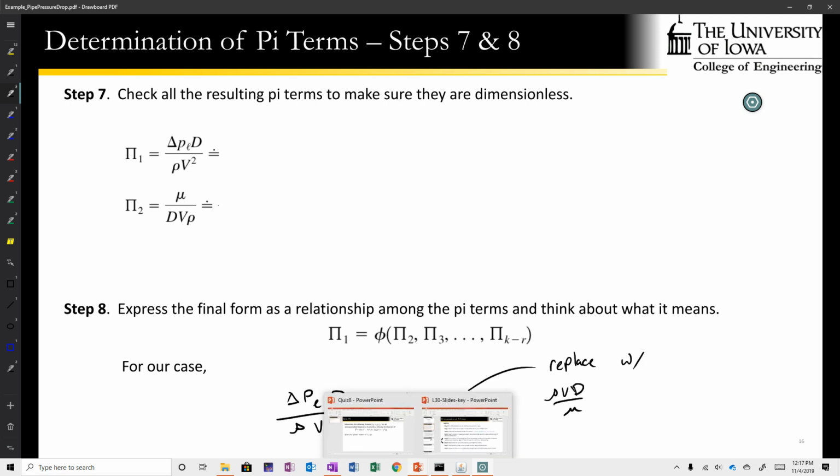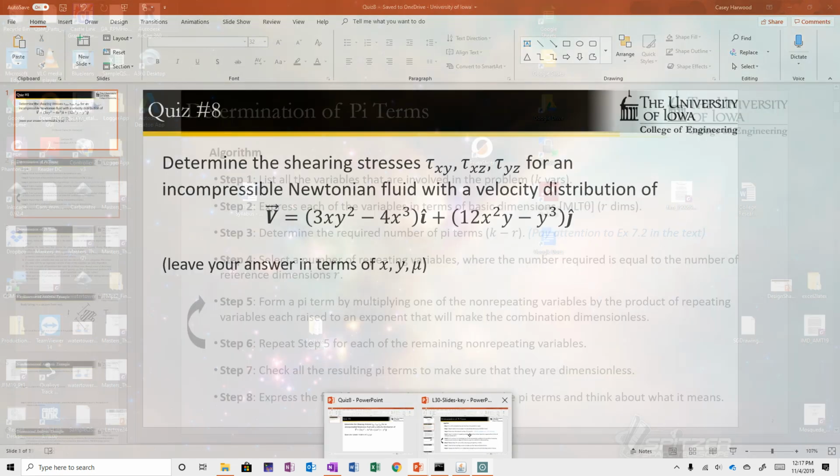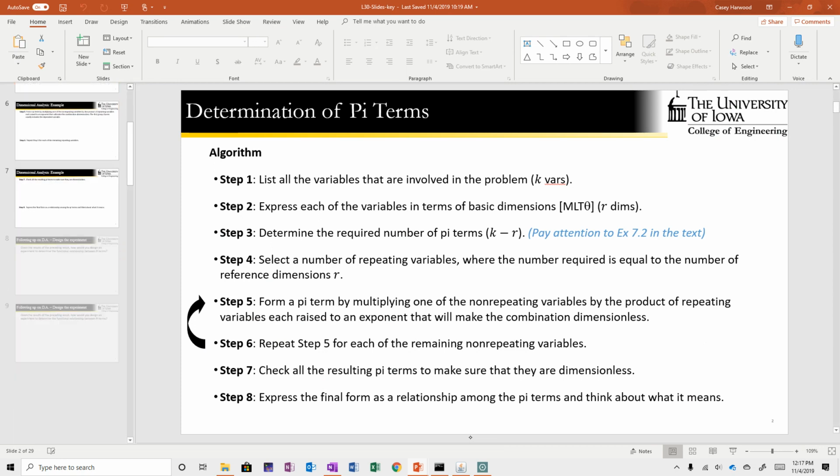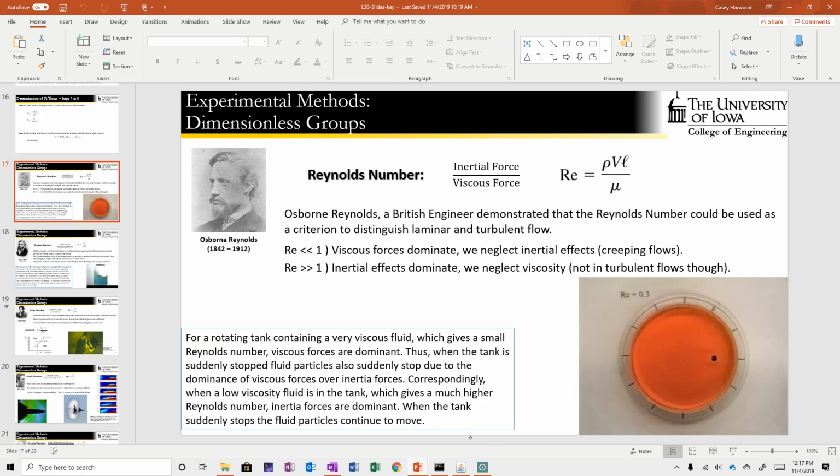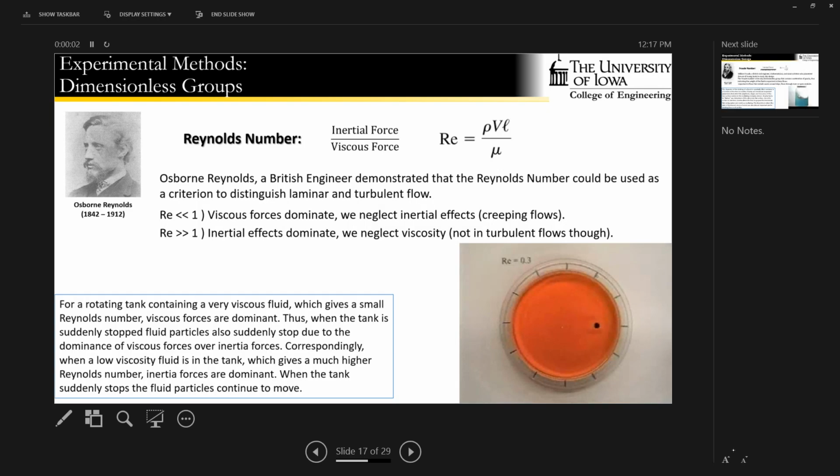So what we'll do quickly here then is I'll just mention, so I said there are these pre-existing standard pi terms that are out there. And these are what are known as common dimensionless groups. So I just mentioned this one. The Reynolds number, for example, is the one we just derived.